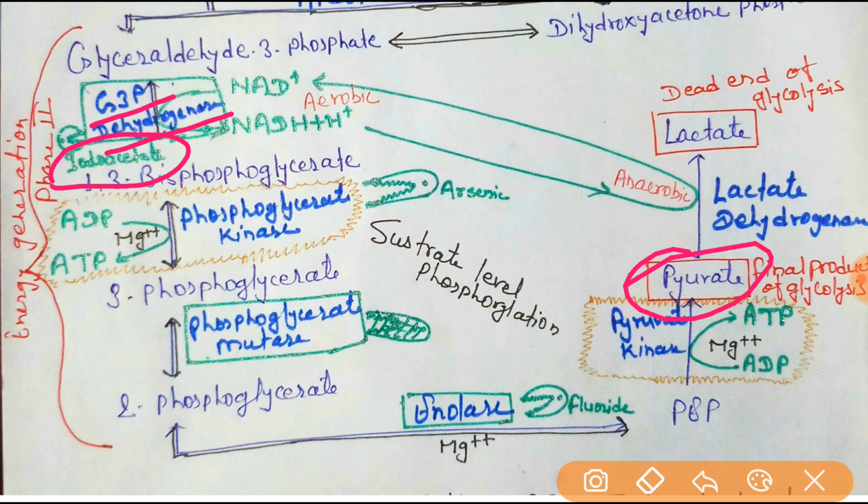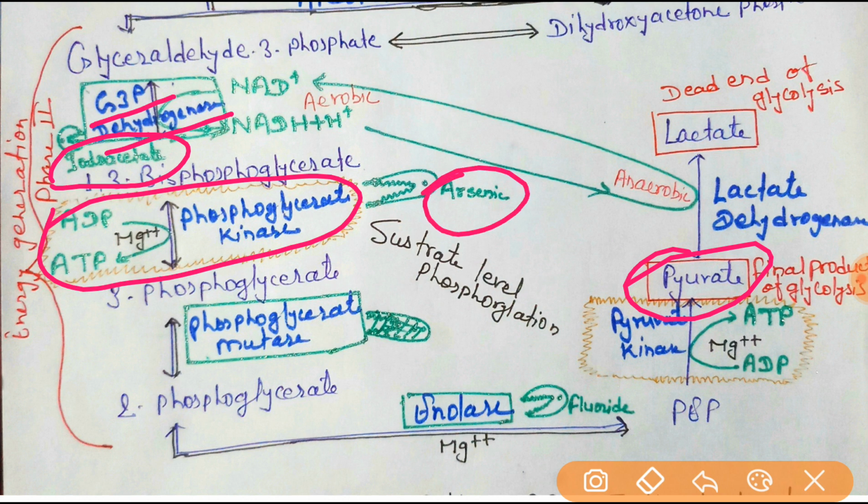Next inhibitor acts at the enzymatic action of phosphoglycerate kinase. Here arsenic inhibits phosphoglycerate kinase so that glycolysis will not be completed.